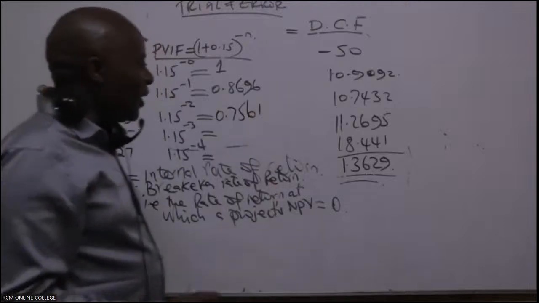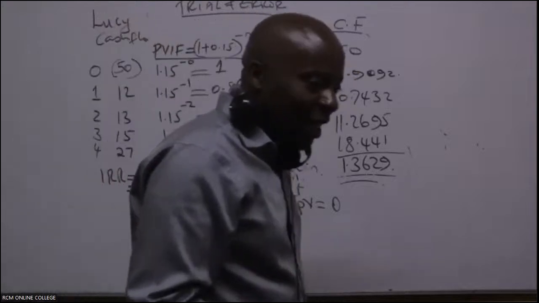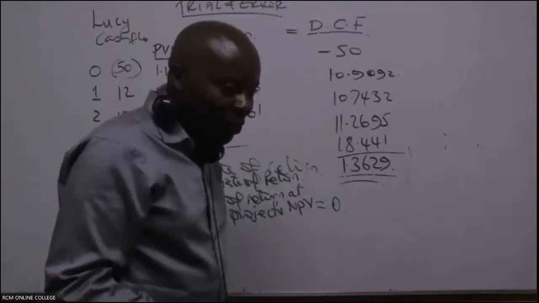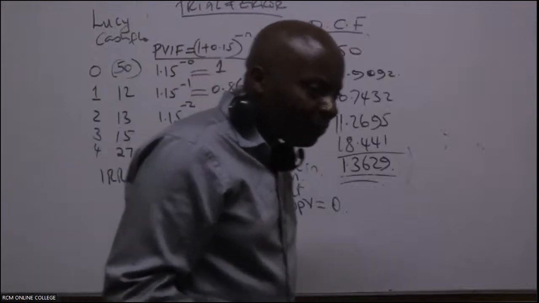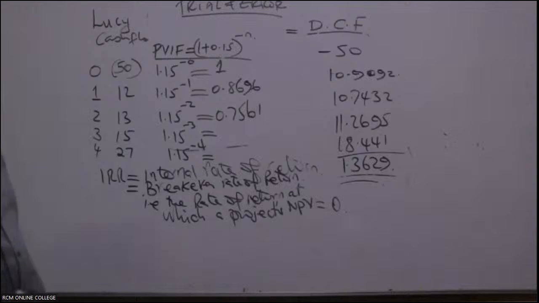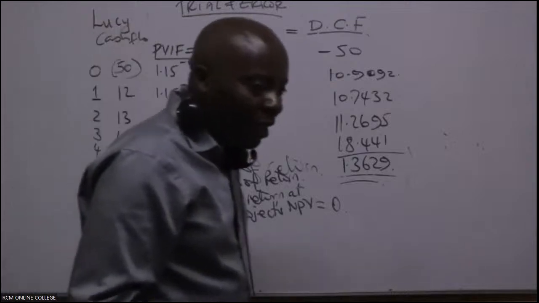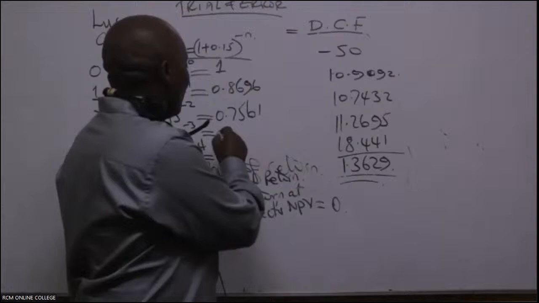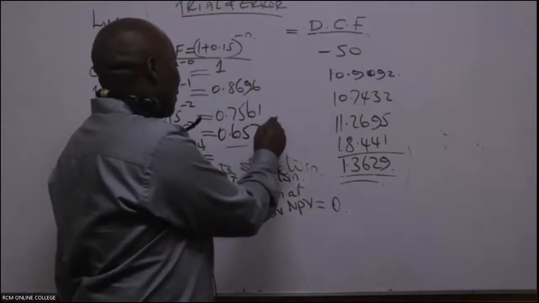Year number 3, what do we have here? Thank you, Patricia. Thank you, Betty. 0.7561, and then we have 0.6575.